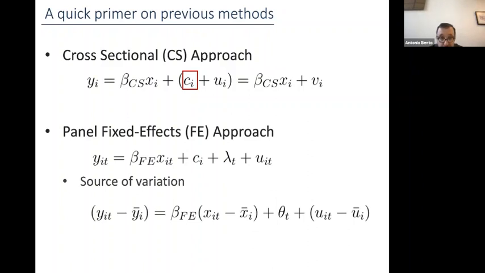And so if you take the panel equation and you difference it out, you will immediately see what the source of the variation is. You can also see that the CI drops, as in any panel model, solving the cross-sectional identification issue, but then you are left with a problem, which is that the interpretation of the coefficient of interest from the fixed effects really captures only the unexpected shocks.